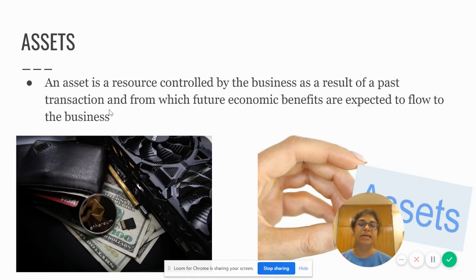And always the assets will give future economic benefits or future economic inflows to the business itself. If you can remember, we learned three features of assets in grade 10. The same three features are included in our definition: the resources controlled by a business, arising as a result of a past transaction, and which will derive future economic benefits to the business.